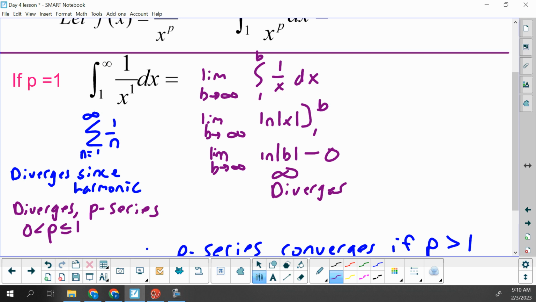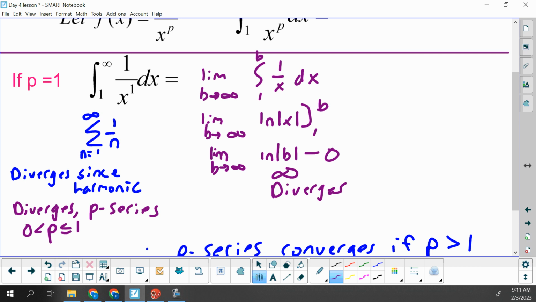Either of those explanations, the blue or the purple, would be valid for what we're going to have to describe. It's really just your choice which one you recognize it as. We can just say it's the harmonic so it diverges, we've shown that. Or you can do it as a p-series. So that's the big new thing for today, p-series.